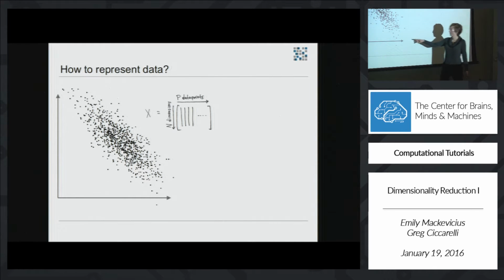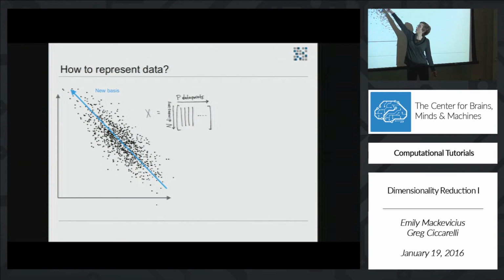But this choice of 2 measurements that we made might be somewhat arbitrary, and we might be interested in something else. For example, we might be interested only in how far each data point lies along this line.